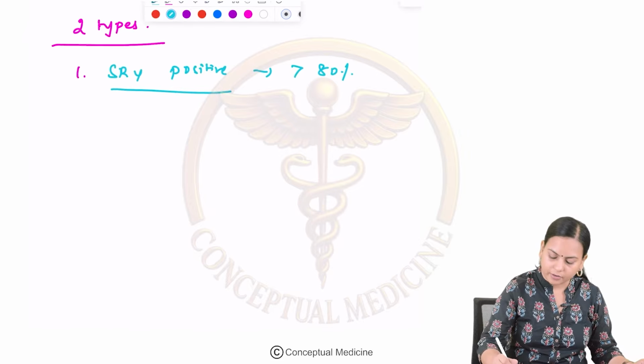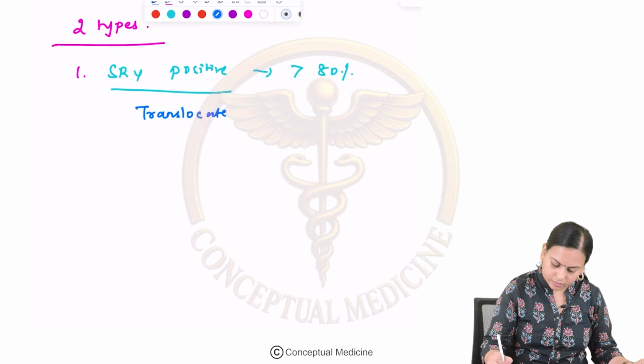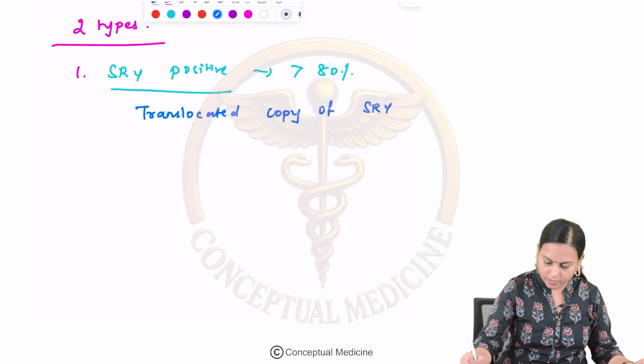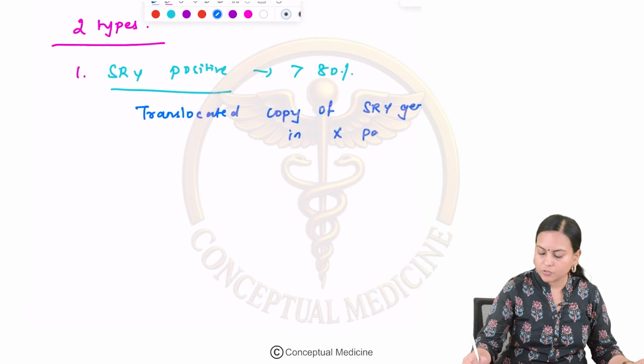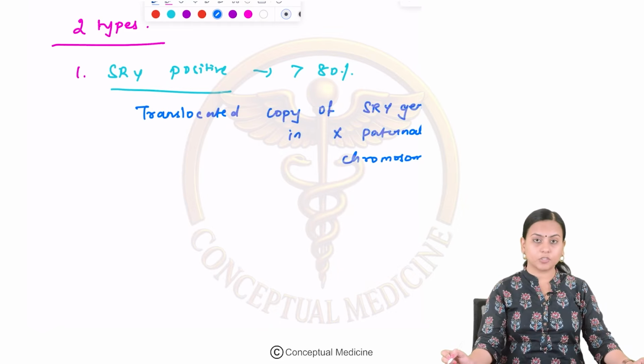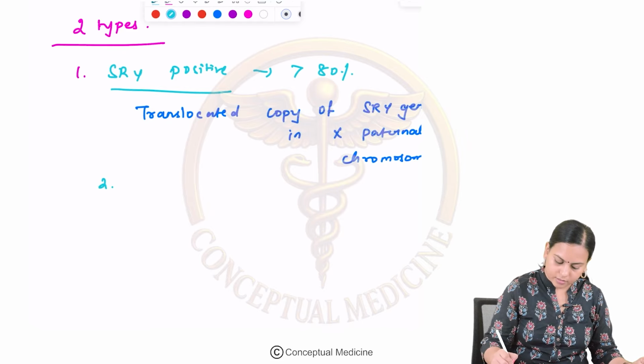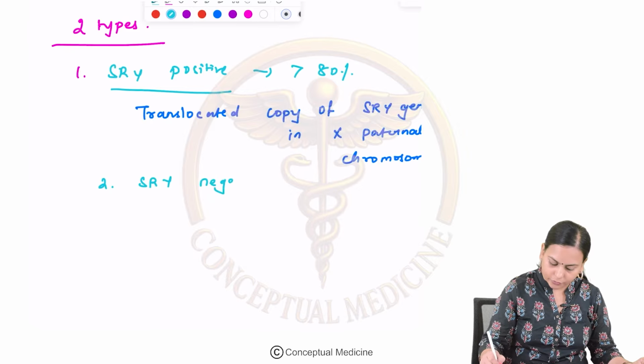Here you have a translocated copy of SRY gene in X chromosome, that is paternal X chromosome. Okay, there is a translocated copy of SRY gene. Okay, and the next one is SRY gene negative.